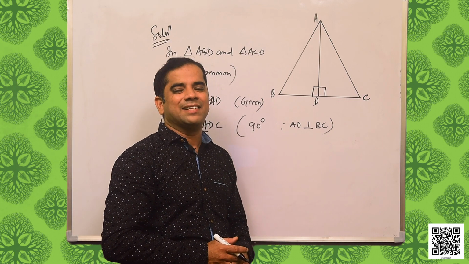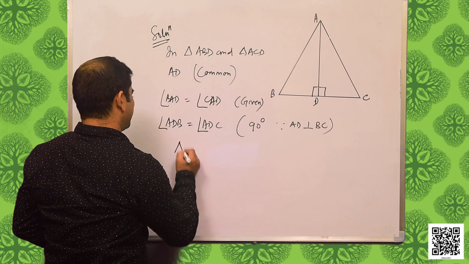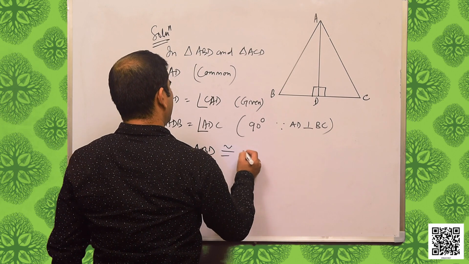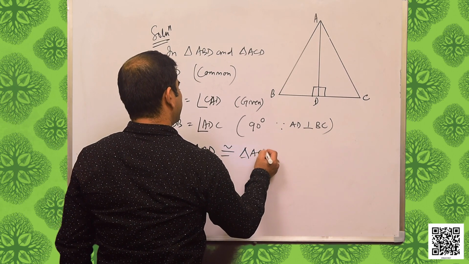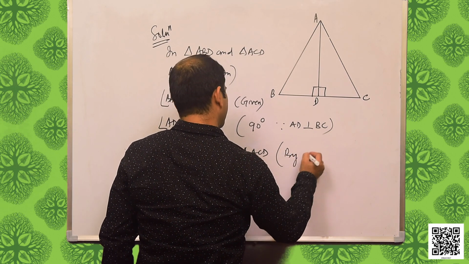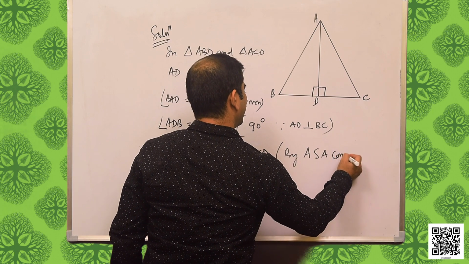In this case, triangle ABD is congruent to triangle ACD by angle side angle congruency.